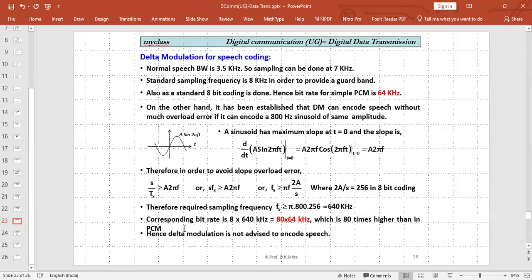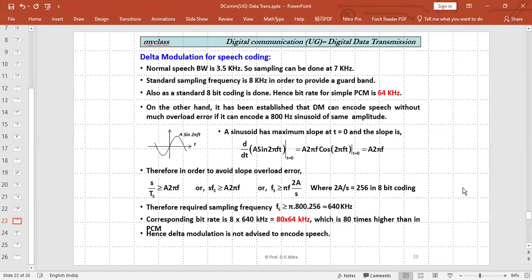There will be 80 times higher pulse bit rate in the channel, 80 times higher channel bandwidth is required. And that is why the final conclusion is, hence, delta modulation is not advised to encode speech. You can use delta modulation for some other application, but not for speech, right?